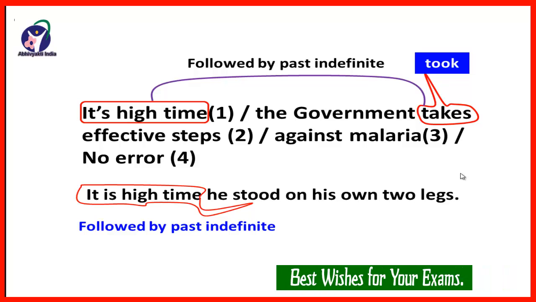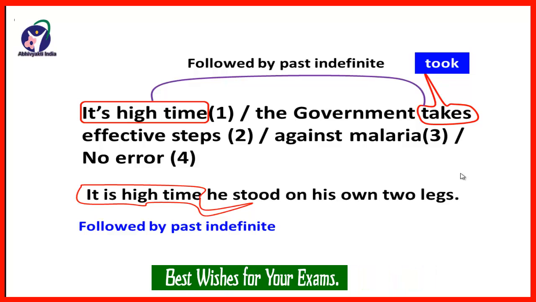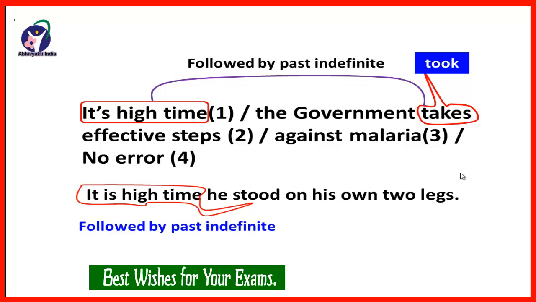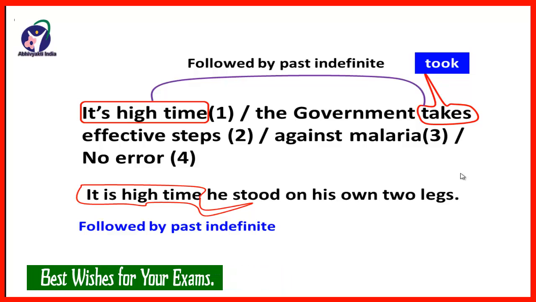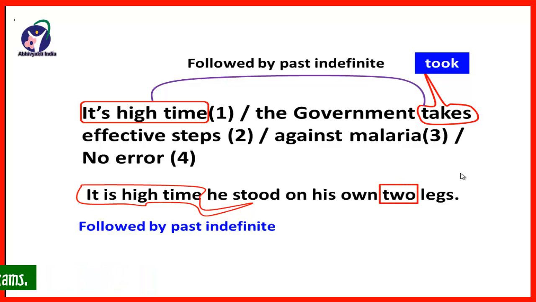It's high time is correctly followed by stood, that is the past indefinite, and so it is high time he stood on his own two legs should be correct, but here is a mistake that two should not be there, because it is understood that a person has two legs, so simply we have to say it is high time he stood on his own legs, so two is a superfluous word.